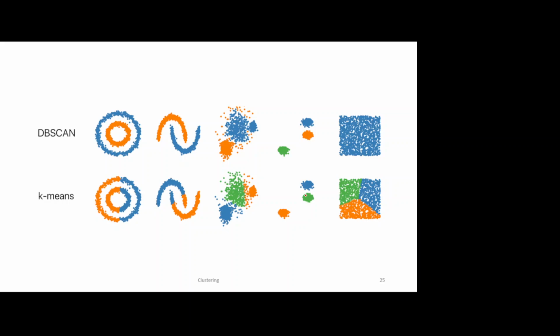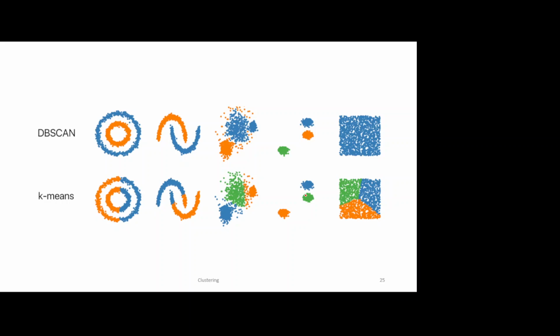And if we set a wrong number of clusters, suppose it's k=3 here, you just separate the data points into 3 different areas. But DBSCAN knows there is only one cluster.